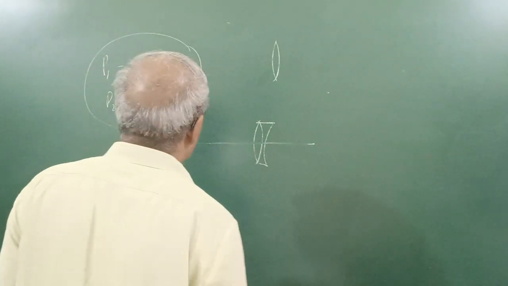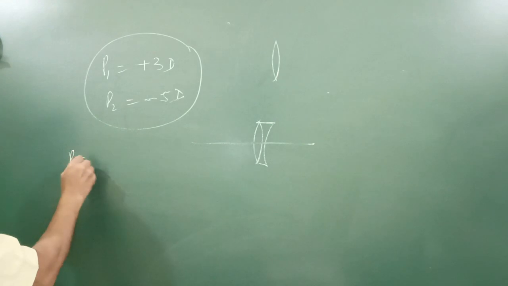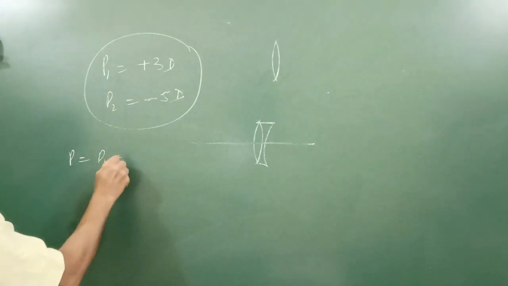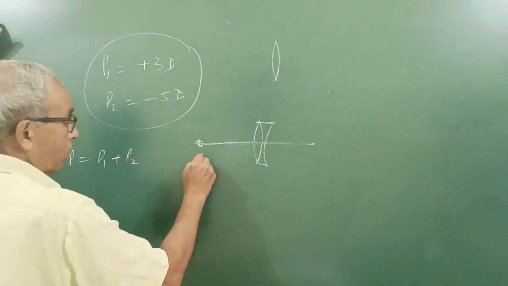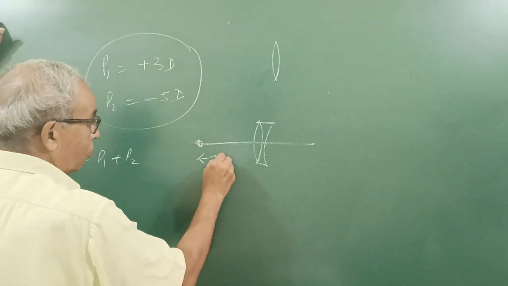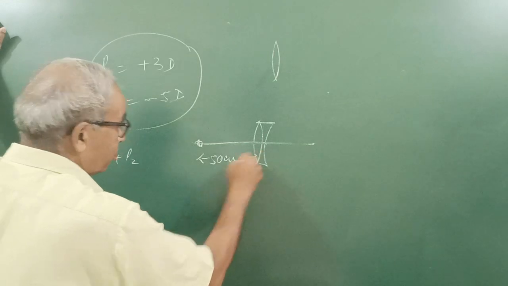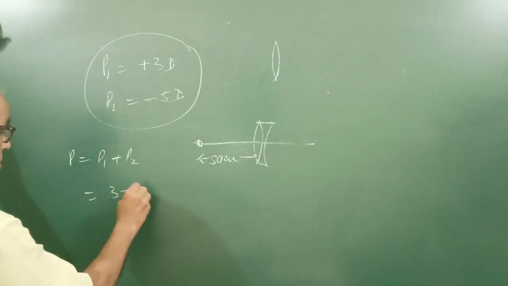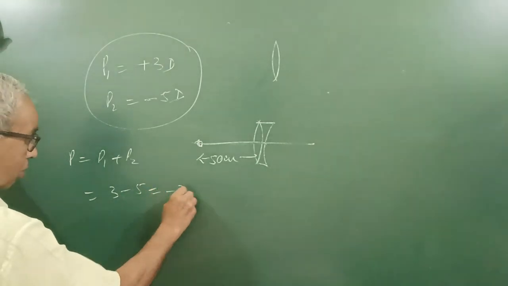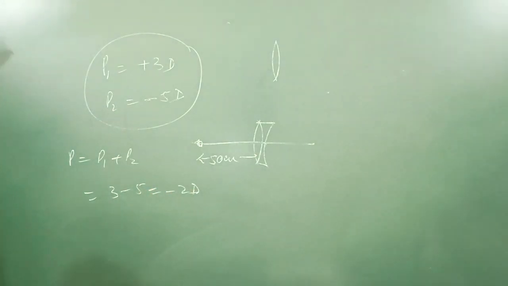So what is the combined power? P equal to P1 plus P2. Object placed at 50 centimeter from here. So where will be the image? Power 3 plus minus 5 is minus 2 diopter, which means this combination will behave as a concave lens.